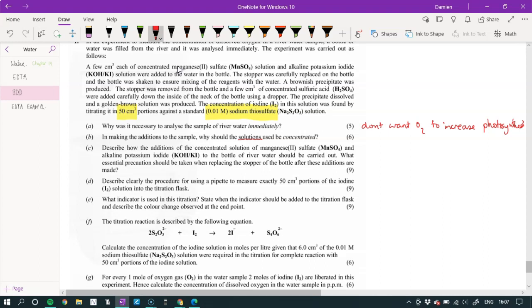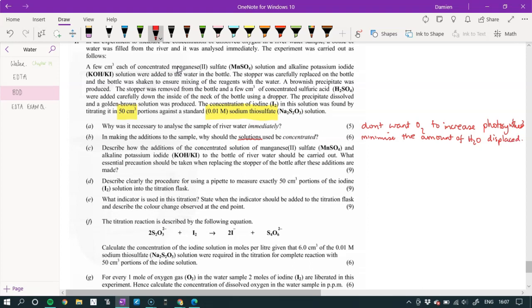If the solutions are concentrated, you're going to minimize the amount of water that's going to disappear off over the side of the bottle. So this particular one would be to minimize the amount of H2O displaced, to use proper scientific terms, displaced over the edge of the bottle.